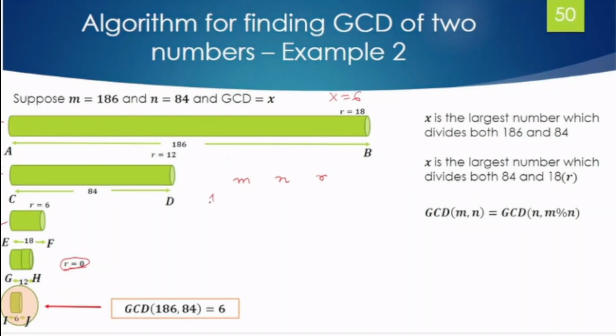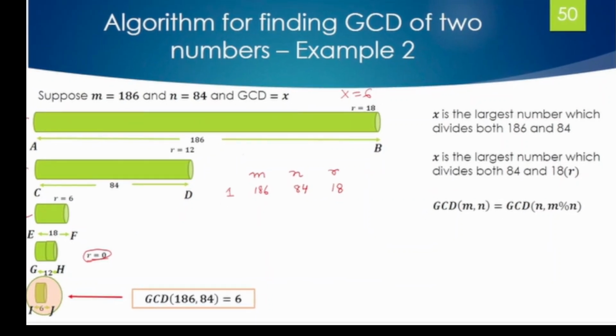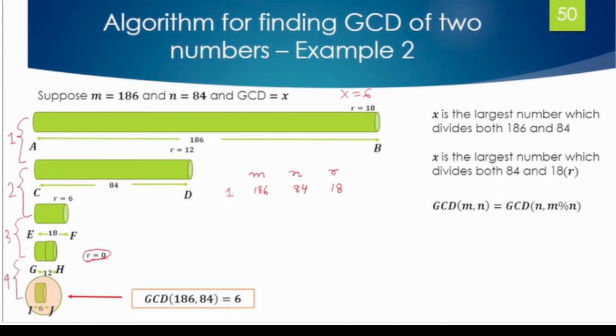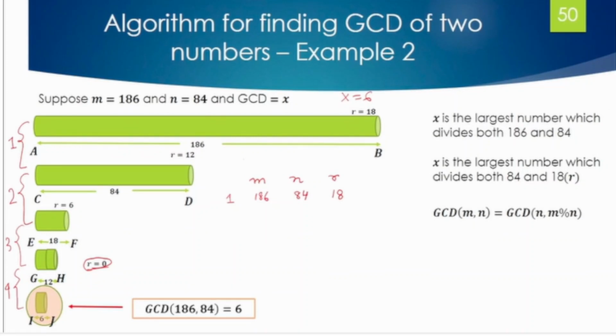In iteration 1, we have the value of M which is 186, the value of N is 84, and this is my R, 18. Now you can observe one interesting thing here. M is always greater than N, and of course R, since it is the remainder, must be less than both M and N, right?